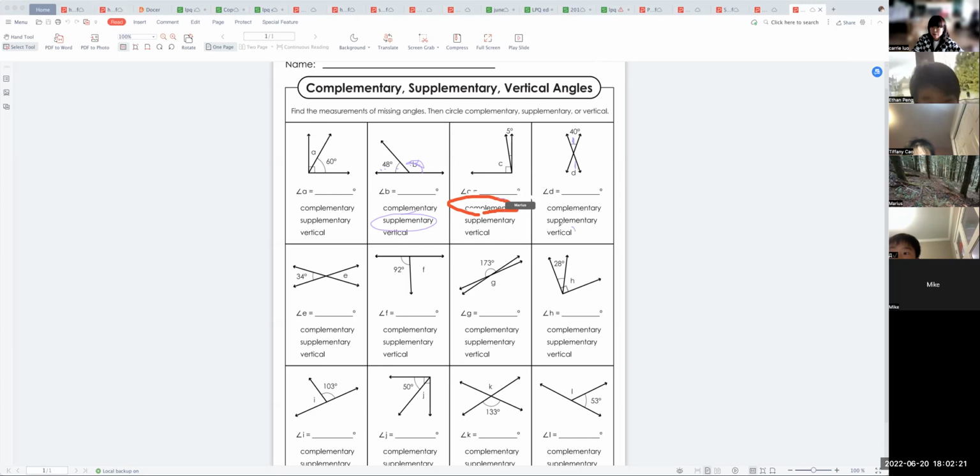What is that? Vertical. Very good. Okay, angle E, Mike. What is angle E? Supplementary. Oh no, vertical, facing each other, vertical. Okay, now angle F, Daniel.